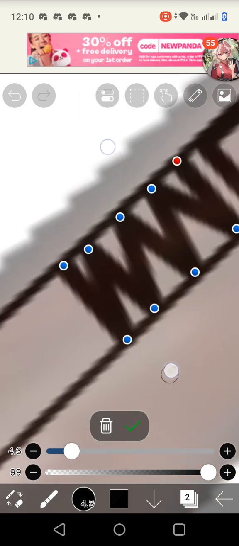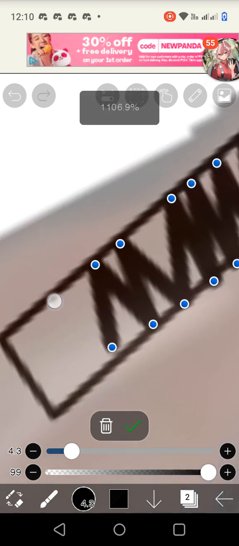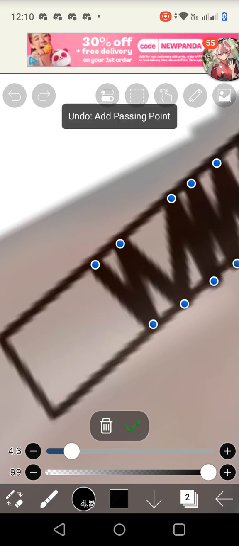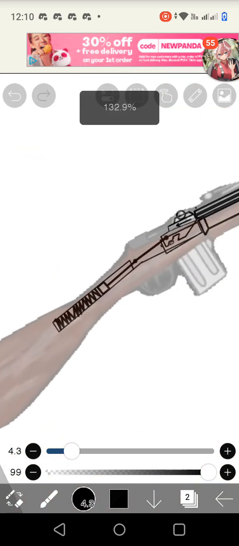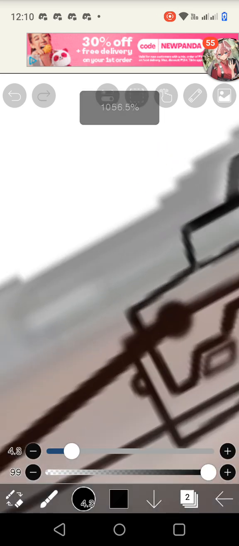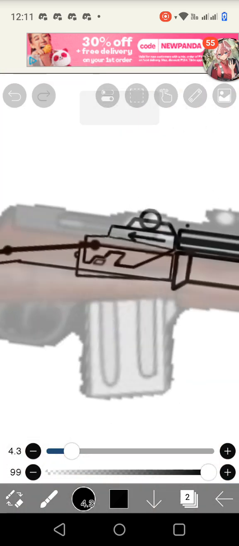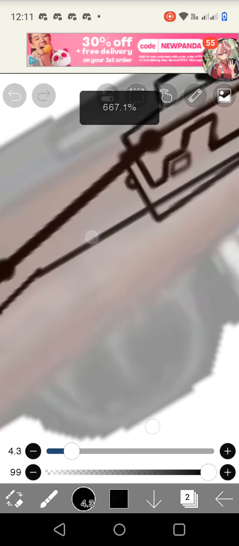Just imagine this is a spring. Okay. All I gotta do is design the firing mechanism.